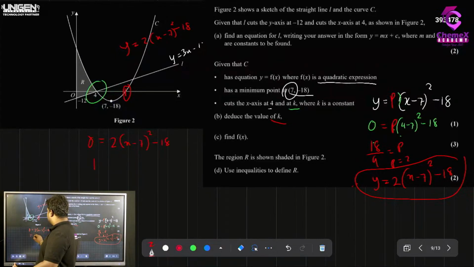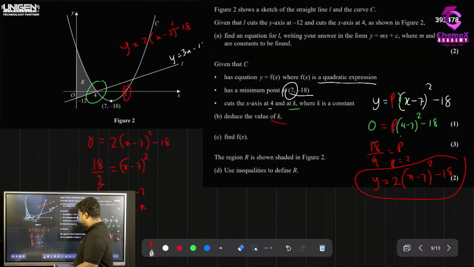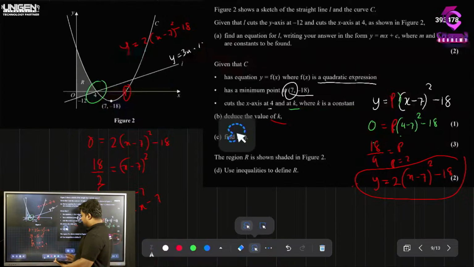So 18 divided by 2 equals x minus 7 squared. So that's 9. No? You get both values when you root it. So plus minus 3 equals x minus 7. So what do you get for x? Sorry, you can't see, right? When I do any working there. So let me.